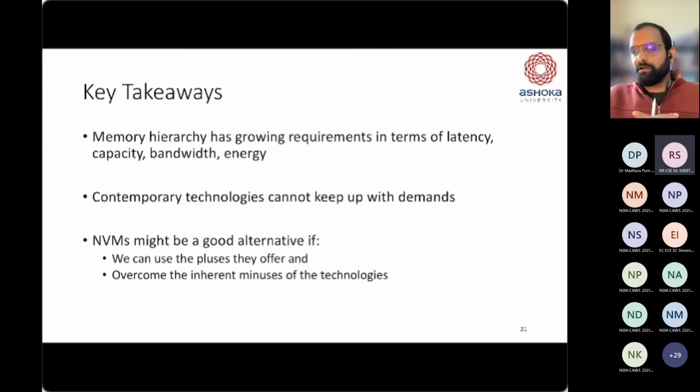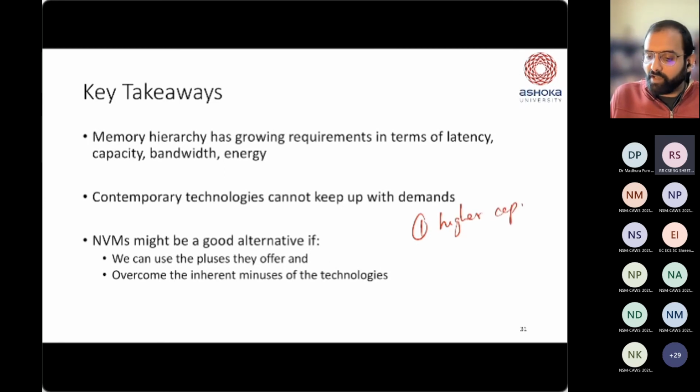On a server system, if you're co-locating applications that require a lot of memory, then you of course need more capacity, more number of channels so that you're able to connect more DIMMs and so on and so forth. But the primary metrics that remain unchanged in terms of things that need to be optimized are: one, you need higher capacity at all levels.